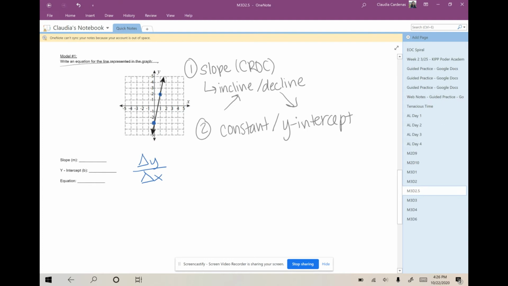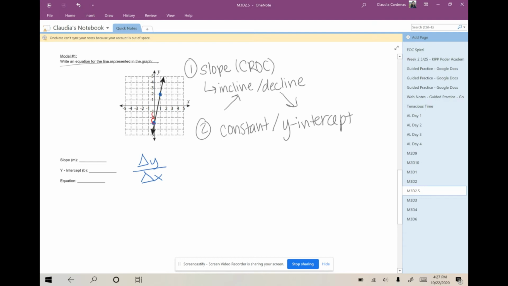Okay, and so in order to find the change in y, I'm going to start at one of the points and start showing my jumps up or down to see how far the graph changes on the y. So I'm going to start from the bottom. I could have started from the top. It doesn't matter because the change will still be the same. And I'm going to do my jump from one corner to the next.